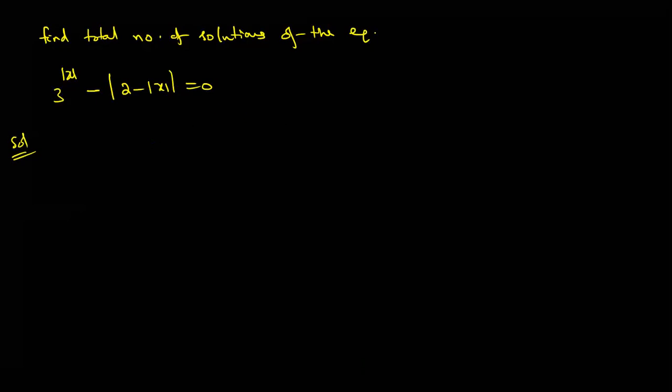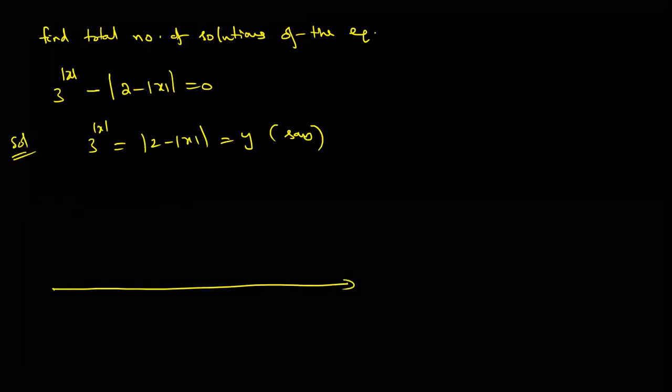So here, how many graphs are there? How many graphs are visible? Tell me, anyone. So in this case, 3 power mod x is equal to 2 minus mod x. Take each side equal to y. So I'm getting two graphs. What are they? 3 power mod x.